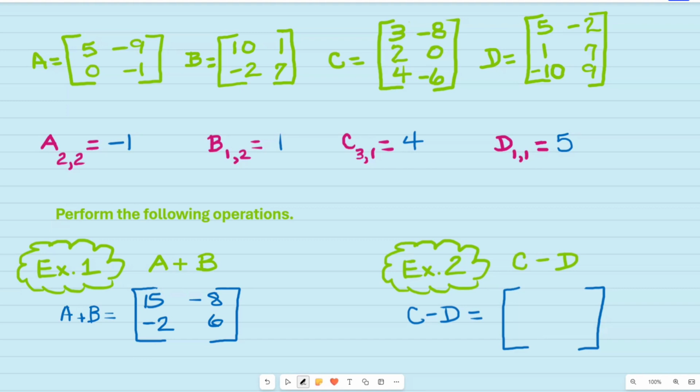And so what the elements now look like for example 2 are -2, -6, 1, -7, 14, and -15.